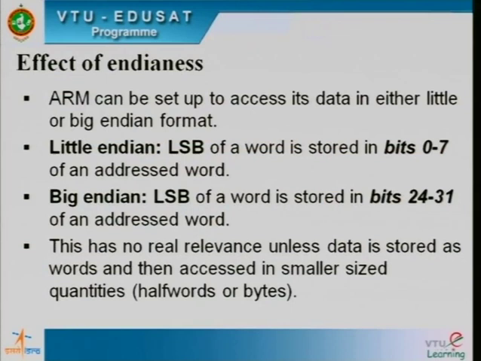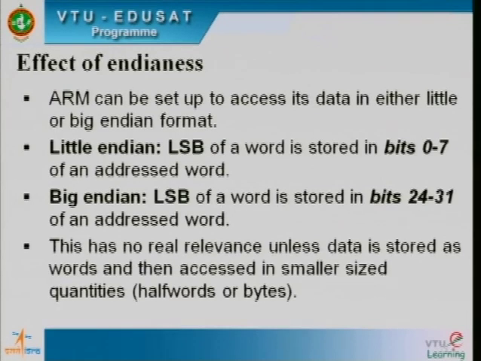Then coming to the memory, if it is a multi-byte word, that means the processor is, say, a 16-bit processor or 32-bit processor, in which case each word will have multiple bytes.